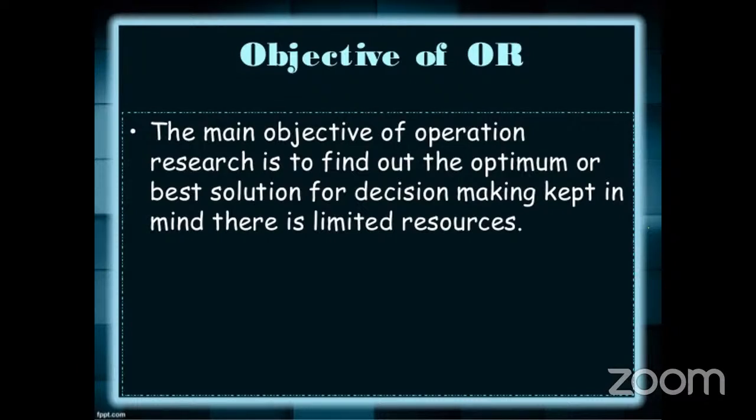As I told you, there are limited, scarce resources, so how to utilize them in the best way and reach our goal. That is what OR, operations research, is: the techniques which we use and implement in our businesses in different ways for solving different complex problems. So the objective is the same: which one is the best solution with the limited resources.